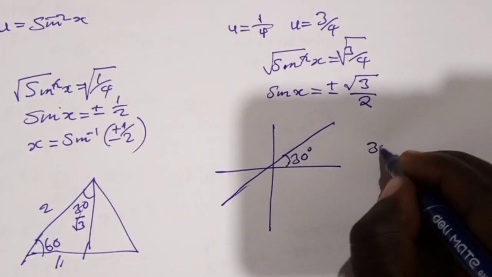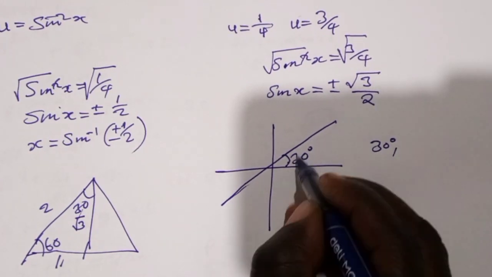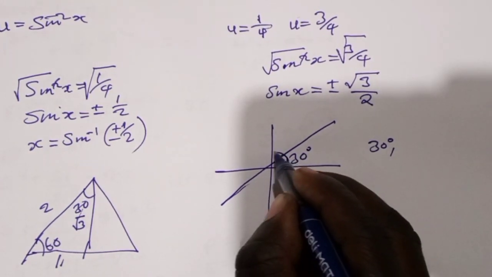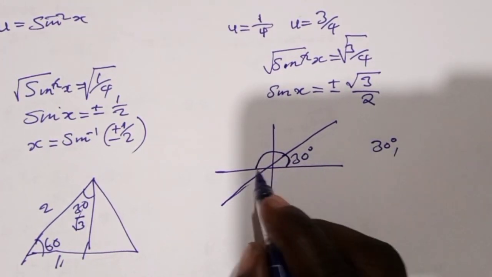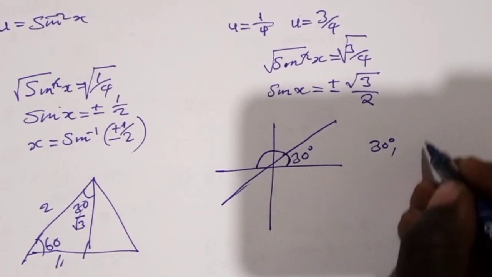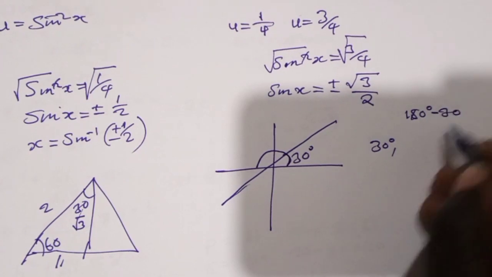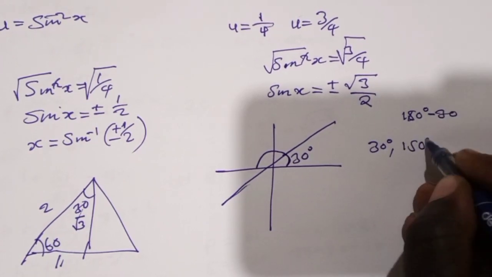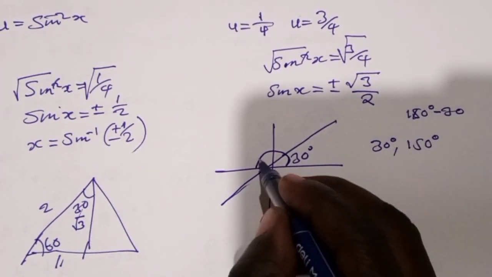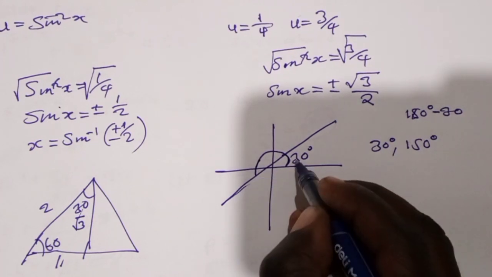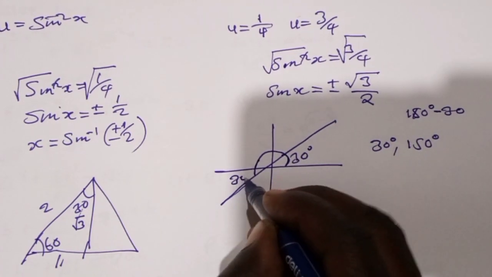So our first angle is 30 degrees, then the second one, you move from here up to here, so 180 degrees minus 30, which is 150 degrees, right?